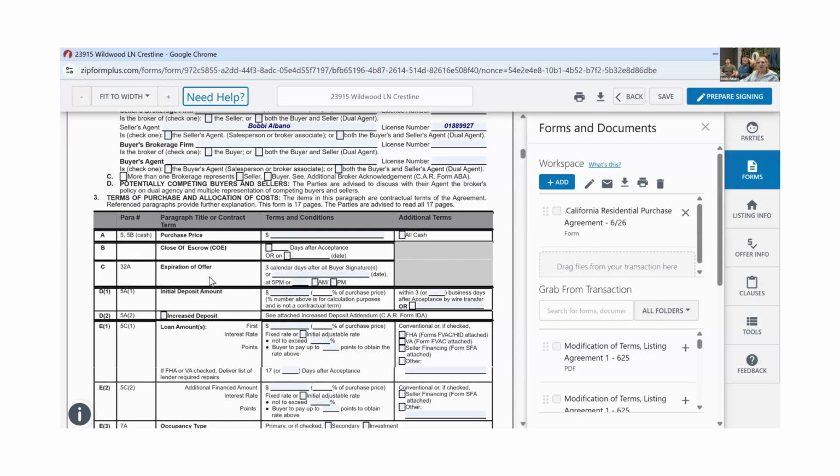C, expiration of offer. Now, these contracts are great because they have a default. If you don't put something there, it'll default into something that is usually okay. So the default on this is 3 days after all buyers' signatures. So if you don't put anything there, it's going to expire in 3 days.